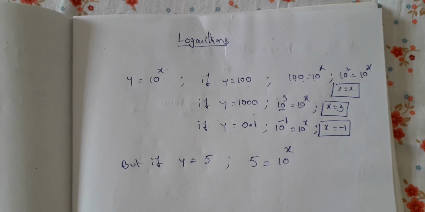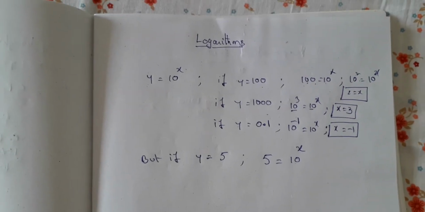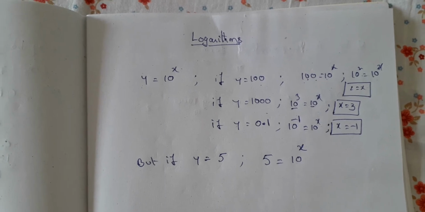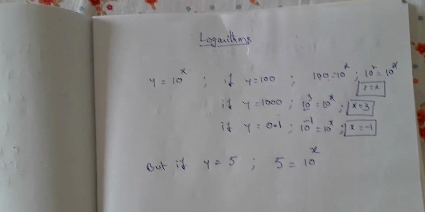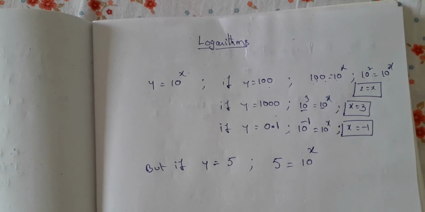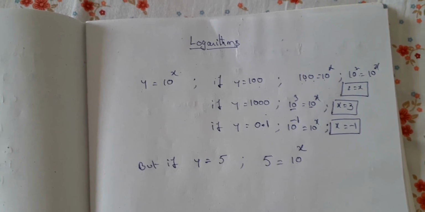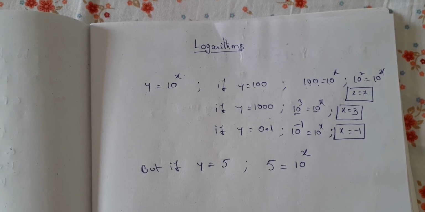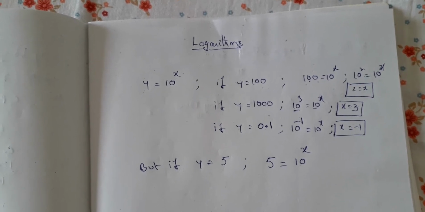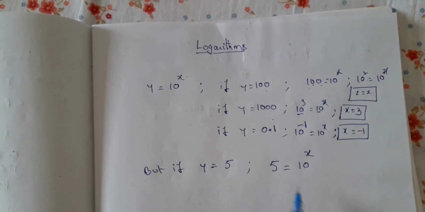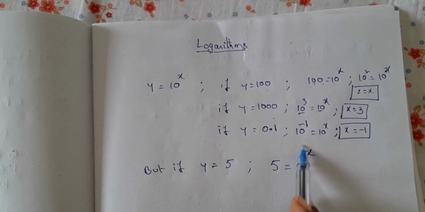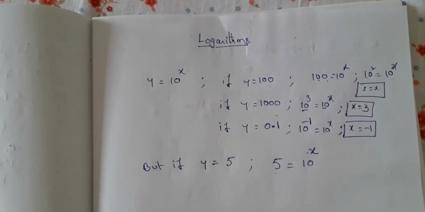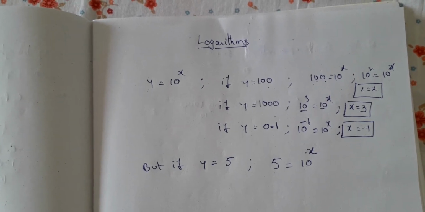That means with the knowledge that we have till now, from the properties of powers and exponents, and from the properties of real numbers, rational numbers, irrational numbers, and all the operators we know till now, we cannot find that particular value of x for which 10 power x can be equal to 5. It is a little bit complex.